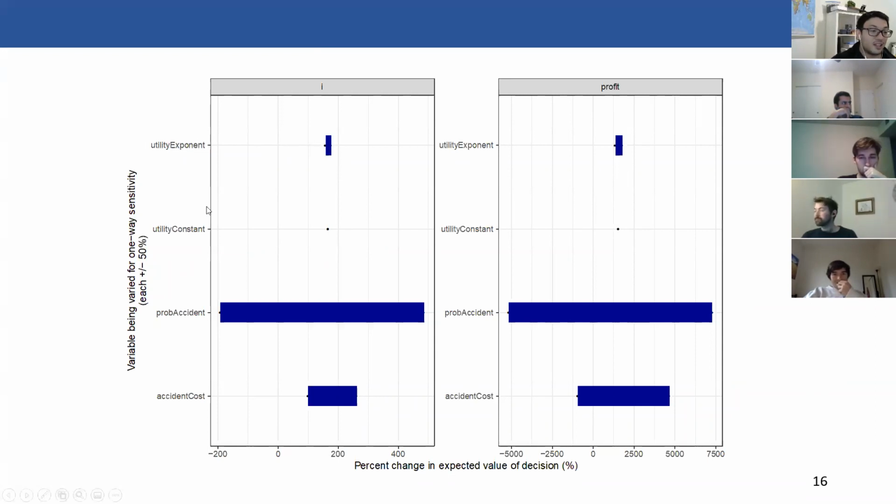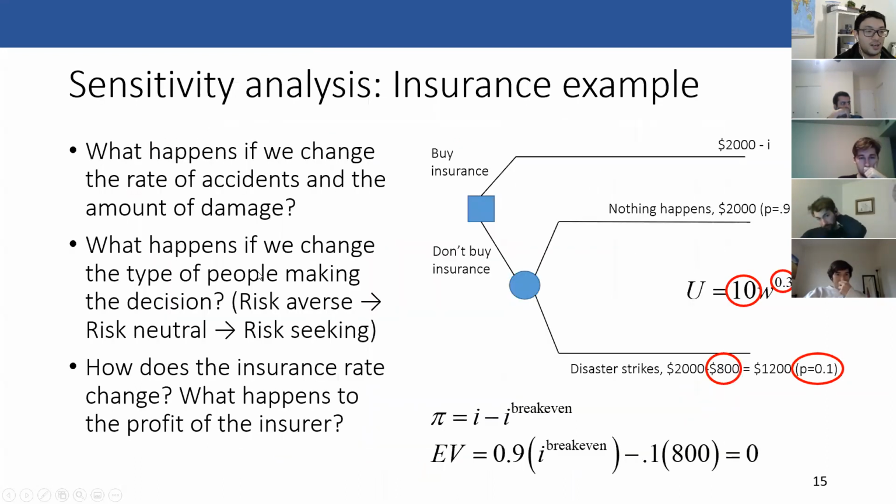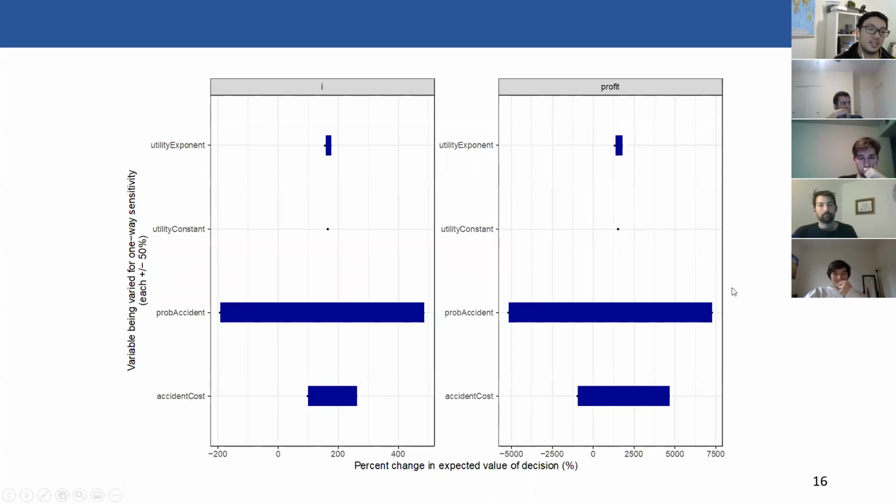Turns out that the utility constant, in other words, this 10 value here, doesn't actually have an effect on the insurance amount that should change, or on the profit that the insurance companies would make.